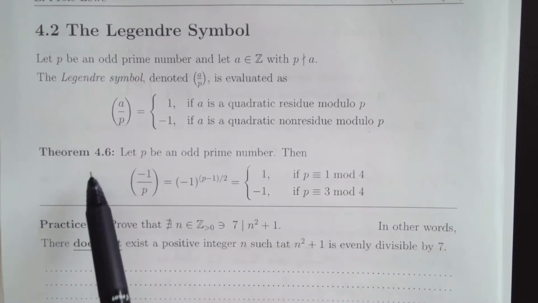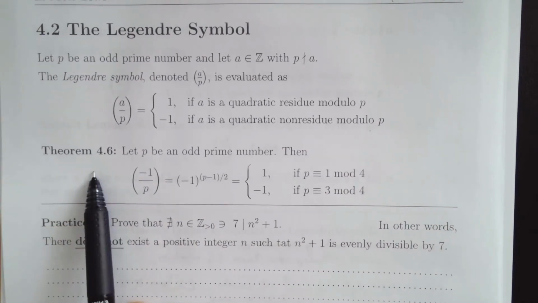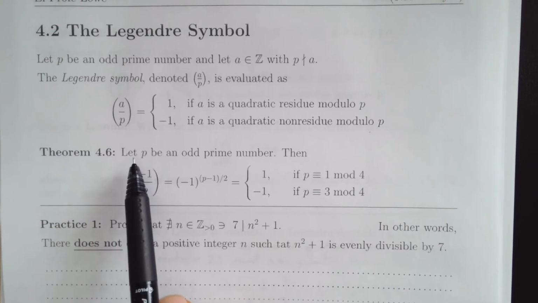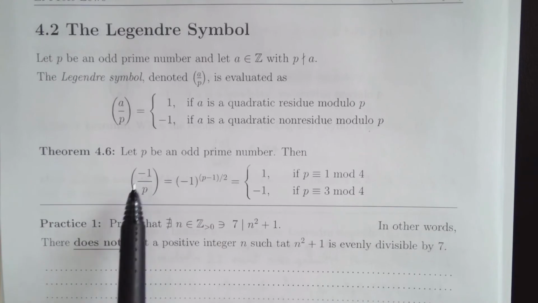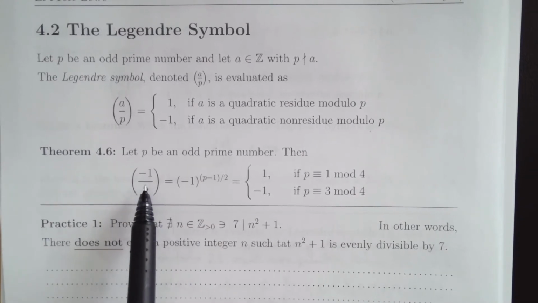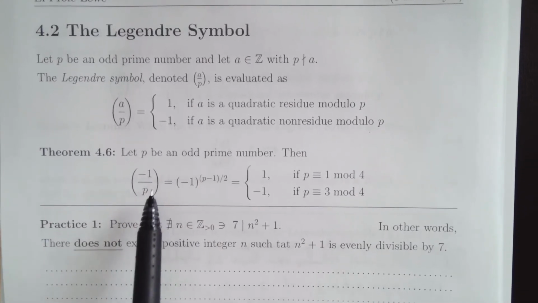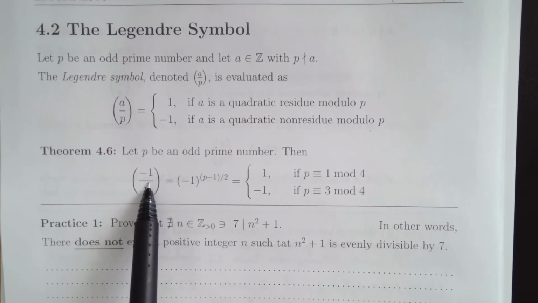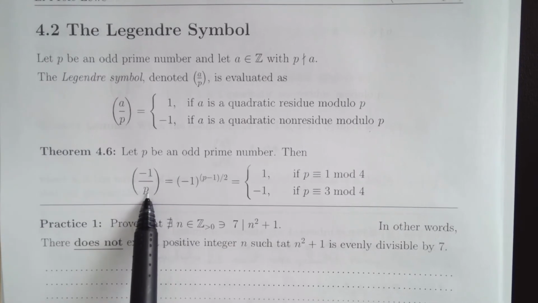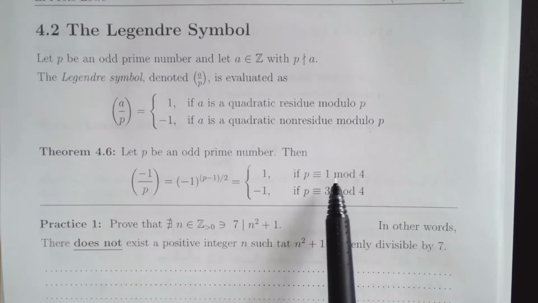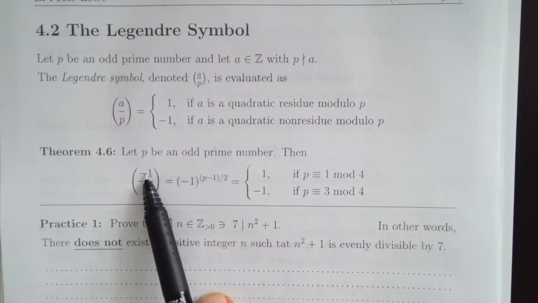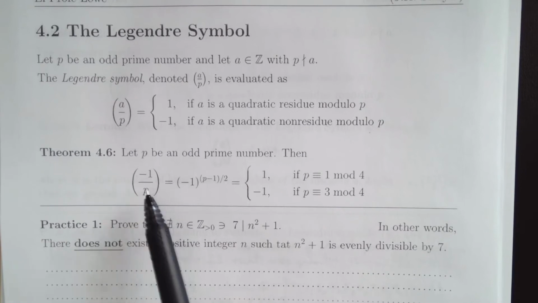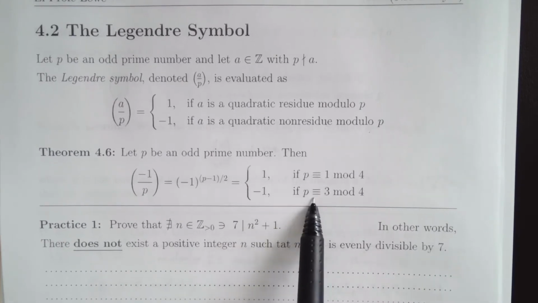Okay, so we're going to use this theorem, theorem 4.6, to help us out. And that's going to be that if we let p be an odd prime number, then -1 will be a quadratic residue modulo p if p is equivalent to 1 modulo 4, and it will be a quadratic non-residue modulo p if p is congruent to 3 modulo 4.